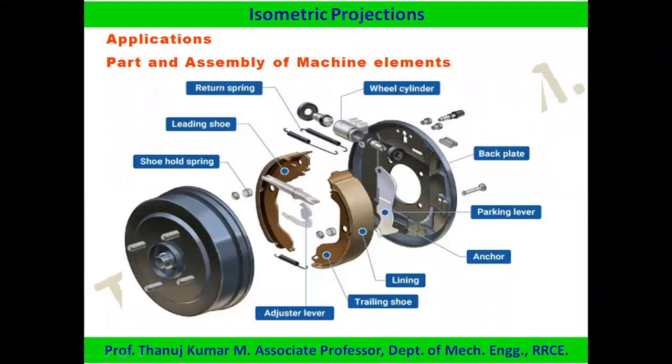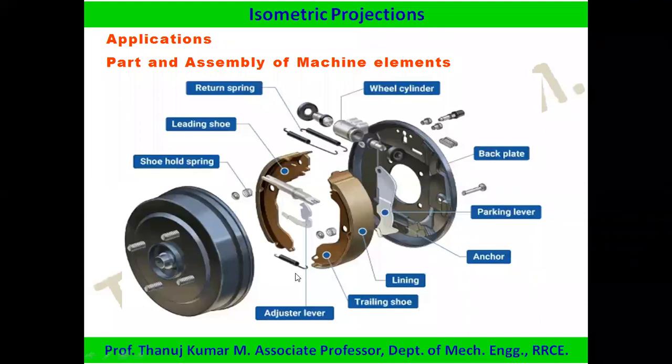In the front view, it is not possible to see all these parts. The internal parts cannot be seen in the orthographic views, that is the front view, top view, or side view. You have to draw them separately. Whereas in the isometric view, this is the beauty of this projection, even the internal parts can be seen. The shoe hold spring, you cannot see in the front view, it would be very overlapped.